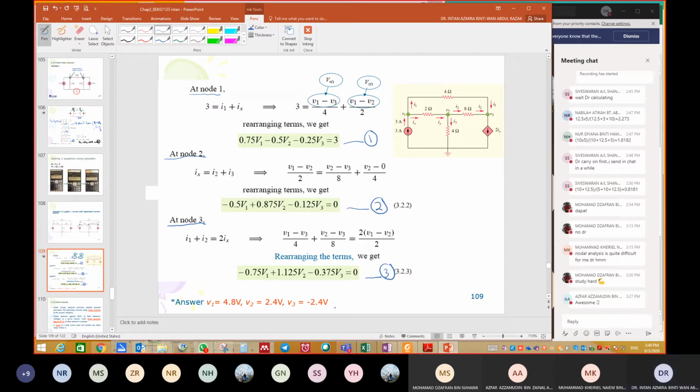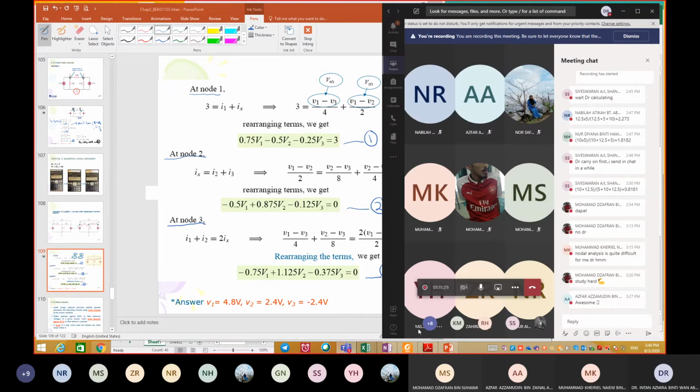Okay, get the answer. It is important to take into account the sign. So this is minus 0.5 in your calculator. This is minus 0.25 in your calculator. Yasin, get the answer?